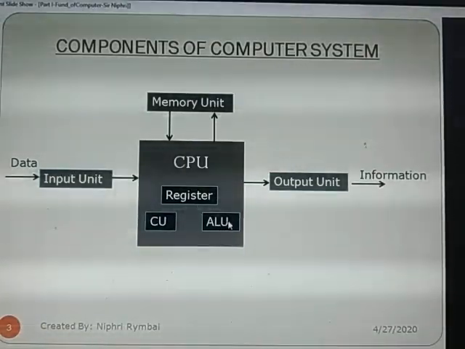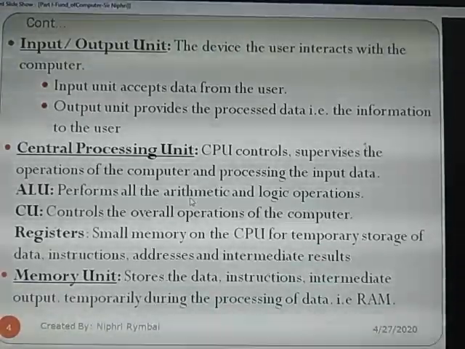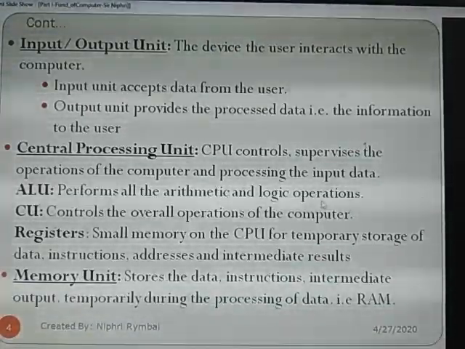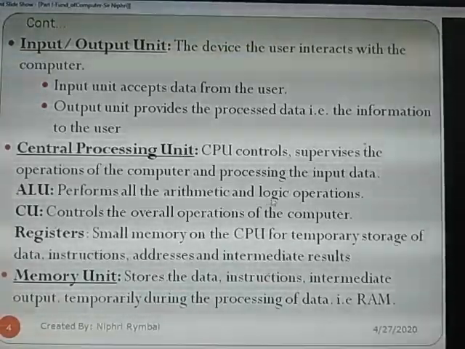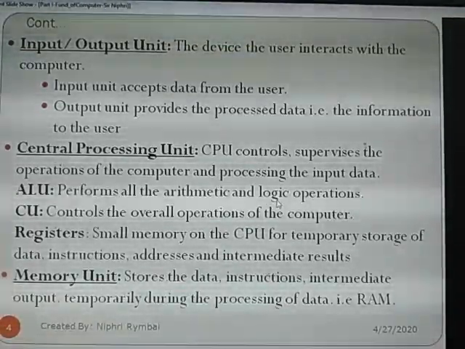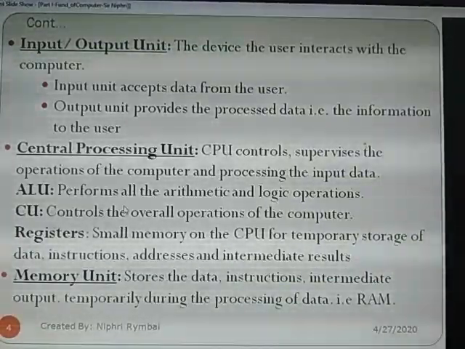The ALU helps in performing calculation related to arithmetic and logic operation. Arithmetic like addition, subtraction, multiplication, division. Then logic, which means it can check whether the condition is true or false.